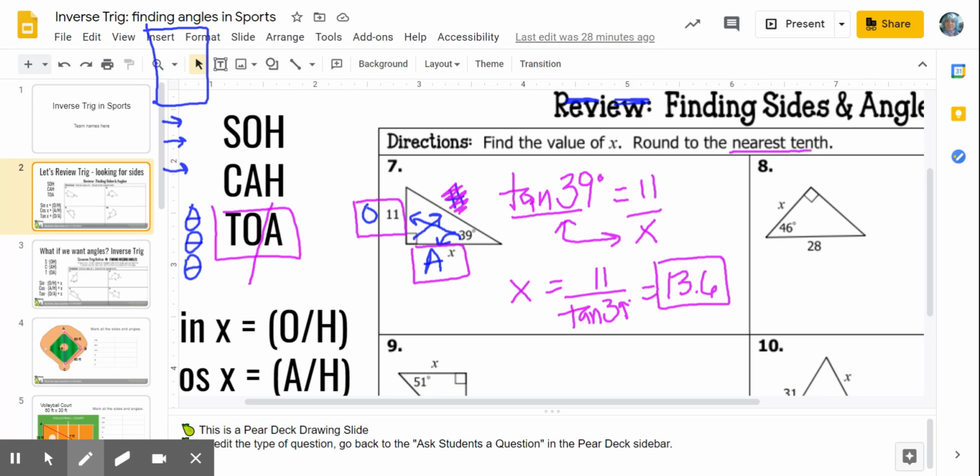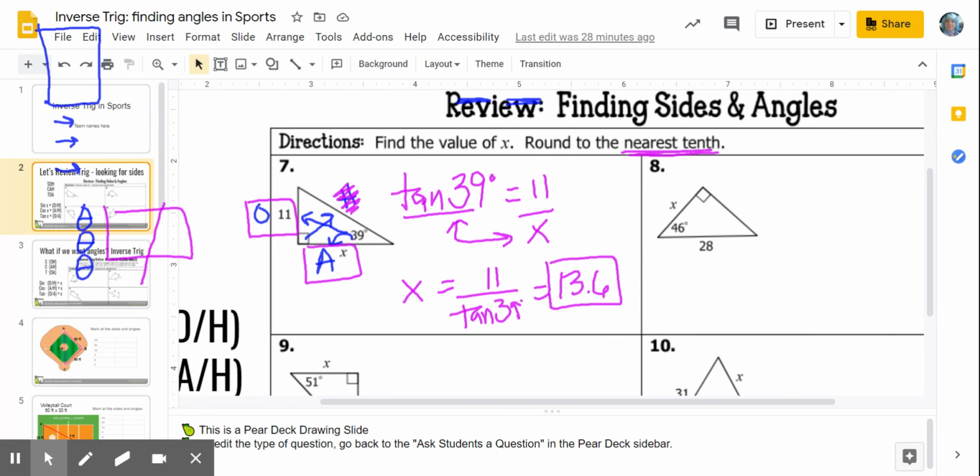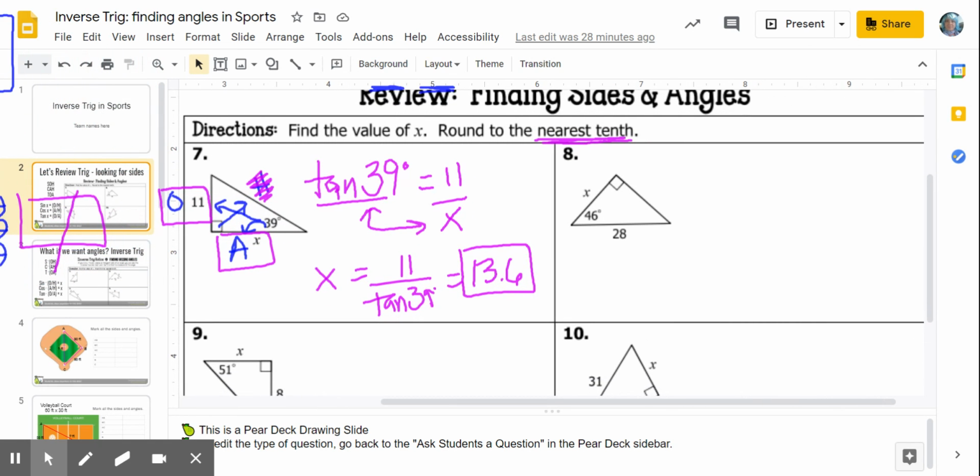So the directions do say round to the nearest tenth. So you want to keep that 0.6 and not round it to the 14. One of the reasons we use trig is to be more specific. It's like we were having trouble measuring things to the nearest tenth, especially if we're using inches, right?